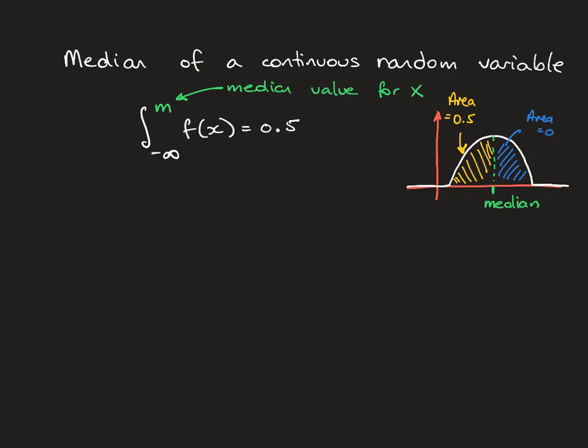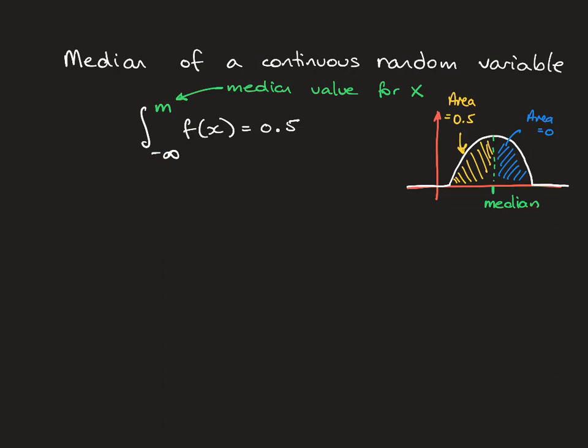And when we're talking about the area for a probability density function, we're talking about the integral. And so to find the median, we'll start from the lower end to the median value, for the function, make it equal to 0.5 and solve. Or you can start with the upper value and put the m down the bottom. Either way, it doesn't matter.